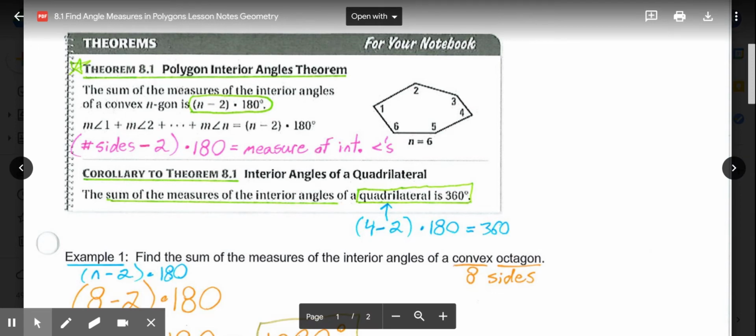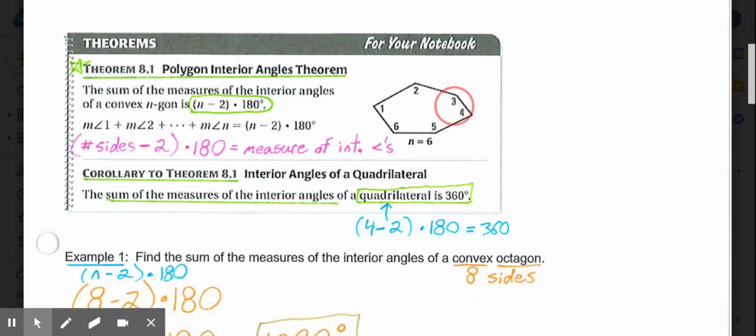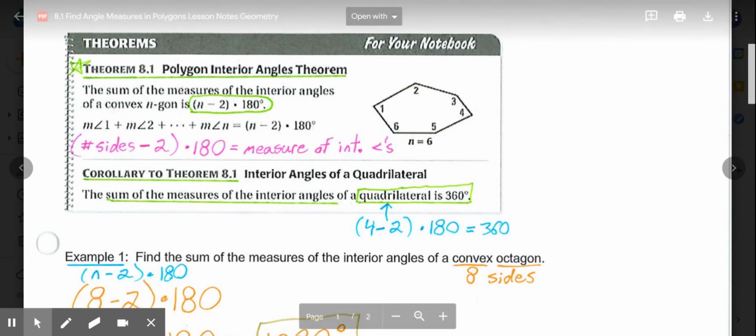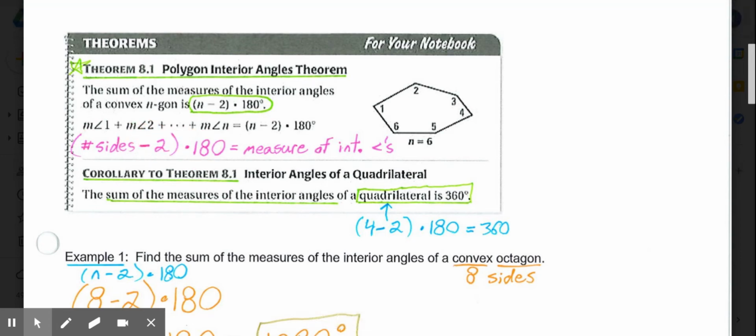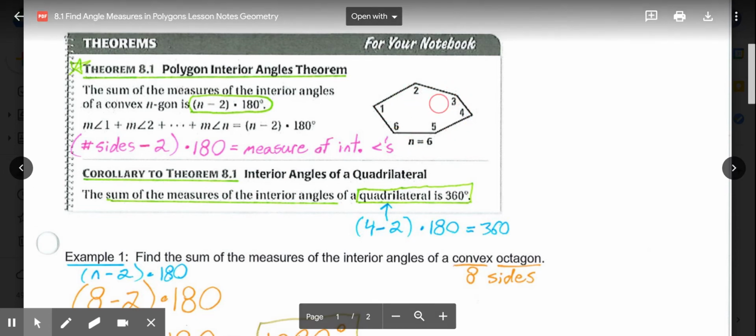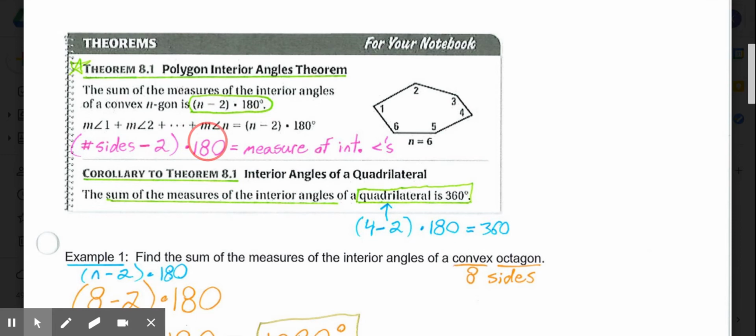Simply put, if we want to figure out what all the interior angle measures of any figure add up to, it's your number of sides minus 2, multiplied by 180. In this case, if we had 6 sides, it'd be 6 minus 2, which is 4, and then multiply it by 180.